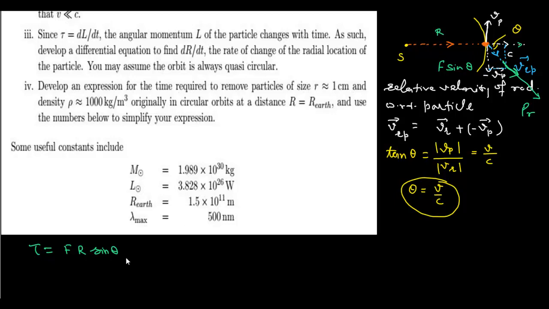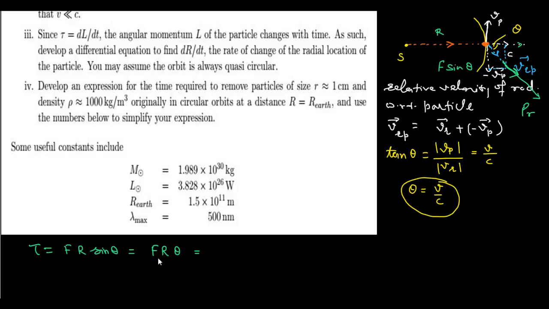Now again theta is very small, so we can write this equation as F r theta. So by substituting the values of F and theta, we will get the desired result.